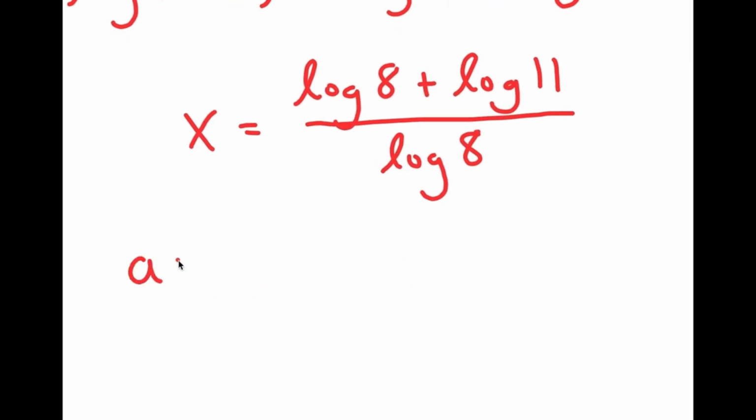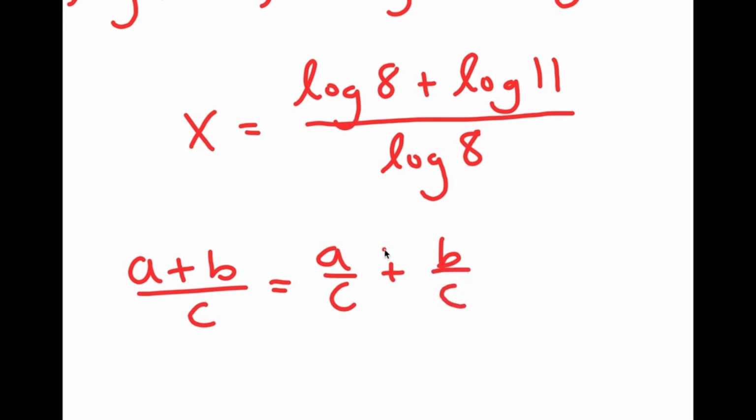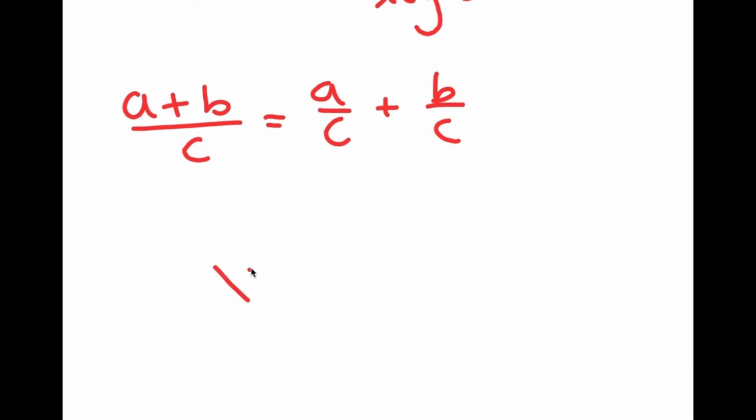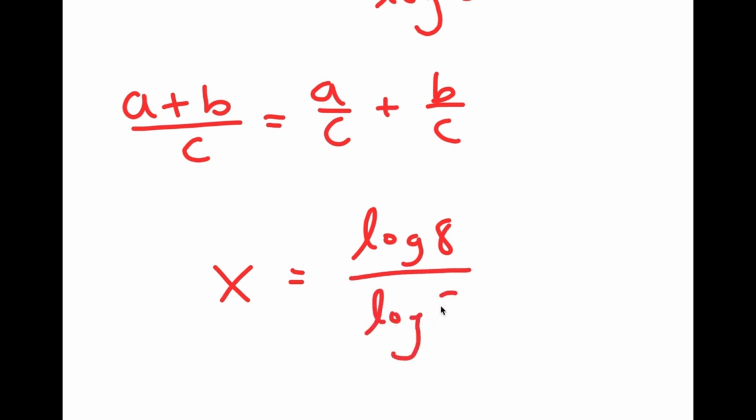Now, if I have something in the form a plus b over c, this is equal to a over c plus b over c, which is a simple fraction property. So log 8 plus log 11 over log 8, I can write that as log 8 over log 8 plus log 11 over log 8.